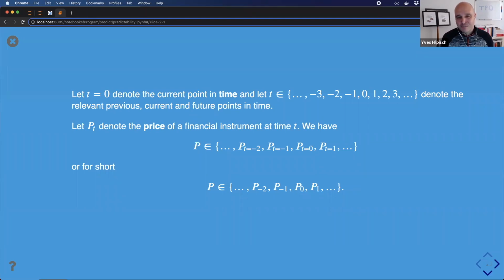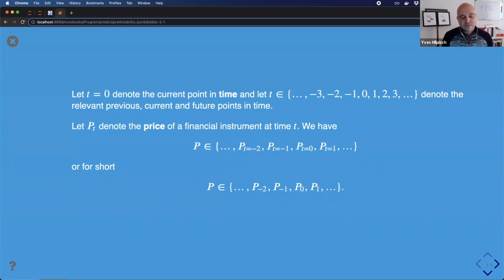They're represented here by negative numbers. We have 0, which is today, and we're going forward with 1, 2, 3, 4. This might be 1 minute from now, 1 day from now, or a week from now. I leave this open at this particular point, but it doesn't hurt that we think maybe in terms of end of day, for example, so daily time intervals here. So relevant previous, current, and future points in time.